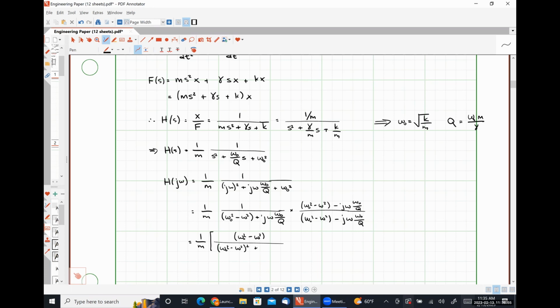plus, so when I have positive j times a negative j, that looks like positive 1, omega times omega naught over Q quantity squared.